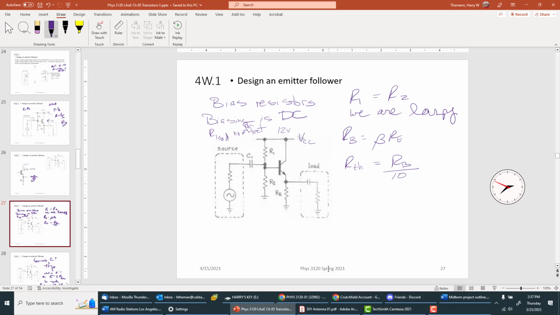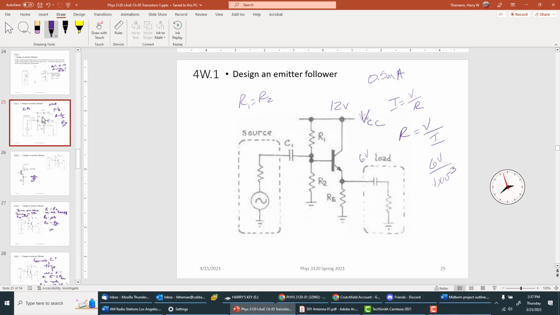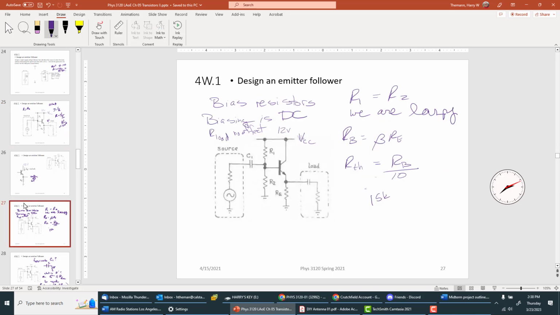In their case, he had chosen 15K, and I don't remember, let's see what ours would be. It's going to be 0.5 milliamps. I put 1 here. So that means 12K. So RE equals 12K. And then times 100 becomes 1.2 megohms.